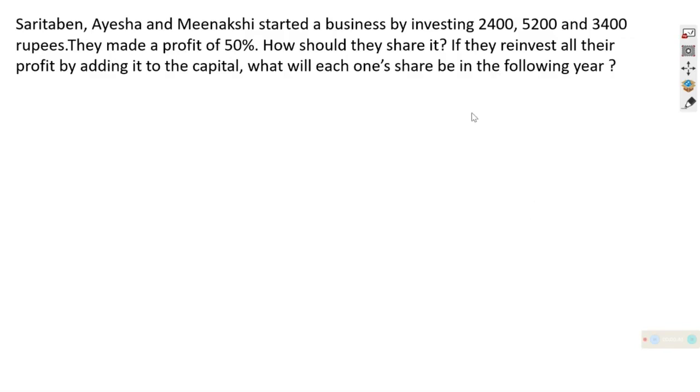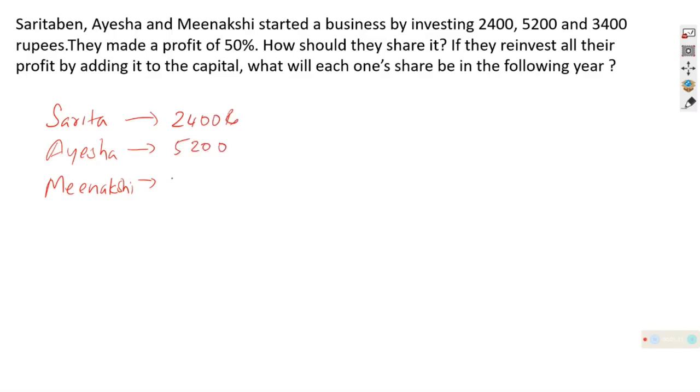Okay, there are three women, let us consider them as women. Who are they? Sarita, Ayesha and Meenakshi. What they did? They have started a business. They invested 2,400 rupees, then 5,200 rupees, and 3,400 rupees.